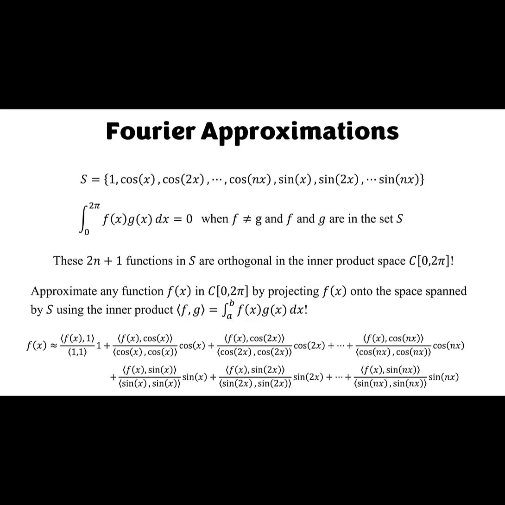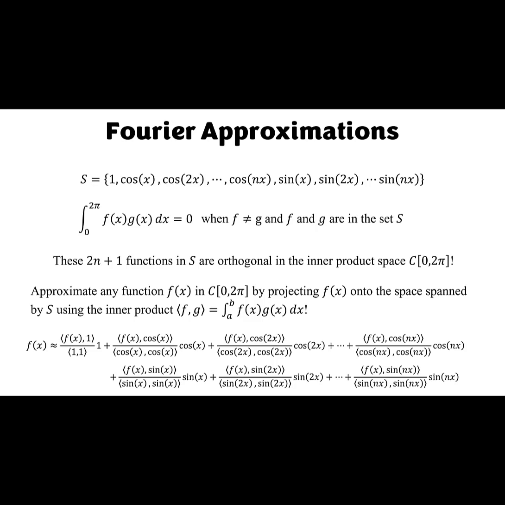Notice all these ratios in front of the cosine and sine terms and the constant function 1. Those are ratios of inner products, just like we did before with vectors. We had the C1 and the C2 as the ratio of dot products. It'd be great to compare that formula with vectors with this formula here with the functions.